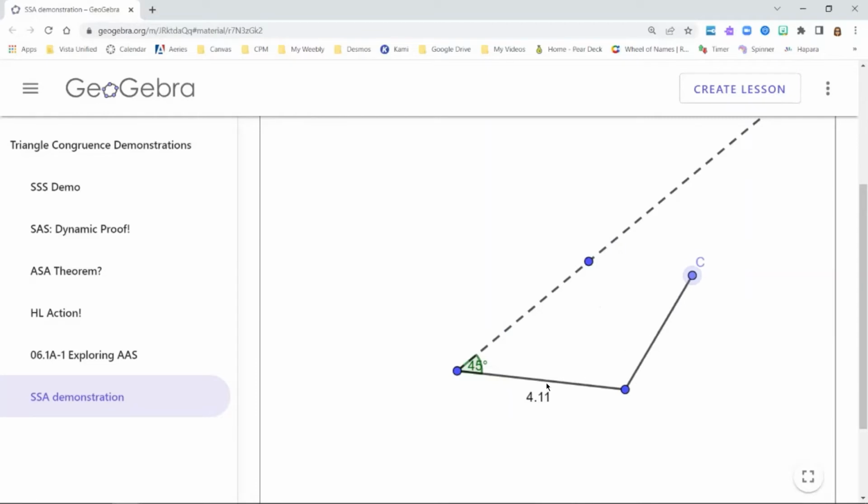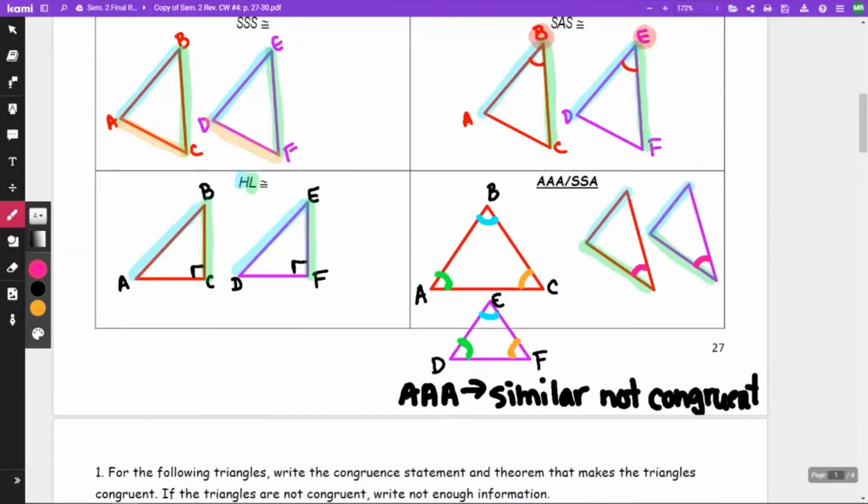So if I have two sides and an angle that's not in between, keeping these set, this angle here is going to change because, again, it's on this hinge. And these two set sides can hit here or here, and I can get two different triangles. So this one here, side, side, angle, not congruent.